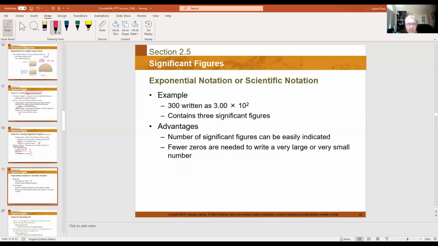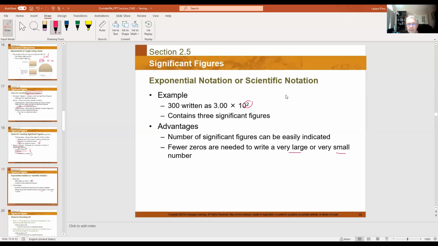Well, we have spoken about scientific notation, how to move the dot to the right or to the left when the number is very small or very large. And then you multiply by 10 and an exponent that represents the number of places that you move to the right or to the left.